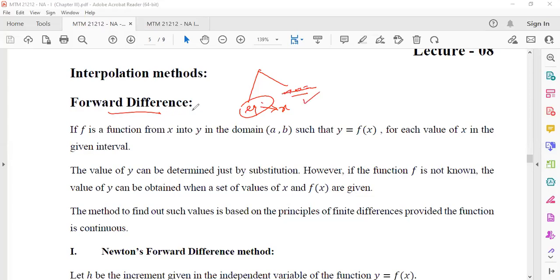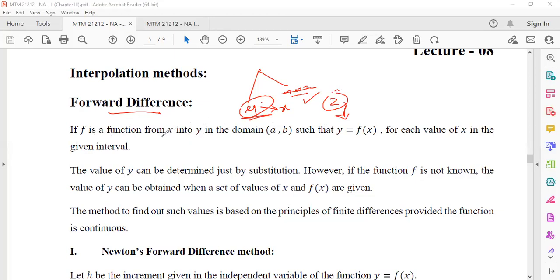We are making this a little bit shrunken because of the course content. For equal distances, forward difference we have also seen in chapter 2, so the same things come here, but let's see how we can solve it as interpolation.